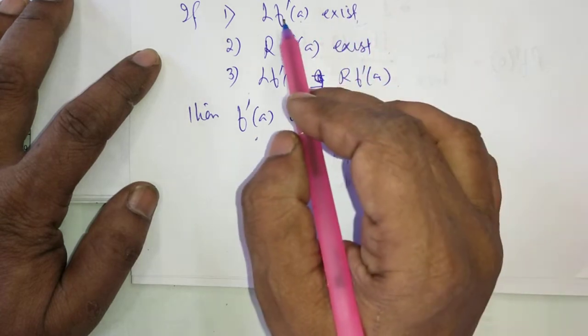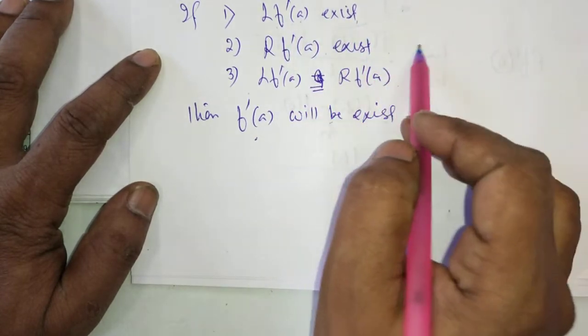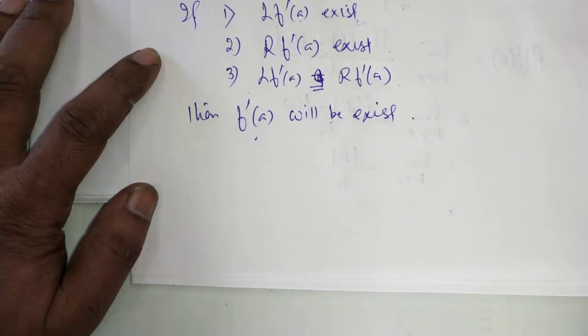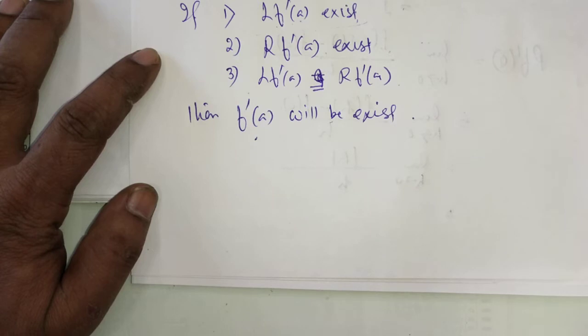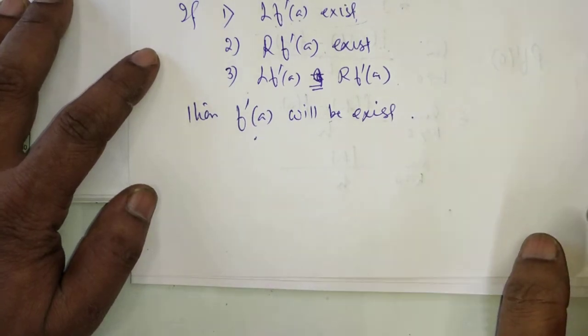Exist means the left hand derivative should be fixed and finite, the right hand derivative should be fixed and finite, and they are equal. Then you can say f dash a will exist, meaning we can get a tangent to a curve at a point x equal to a in the domain. Okay, this is the actual meaning.